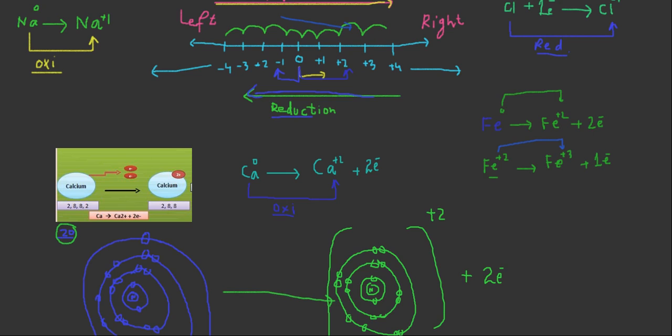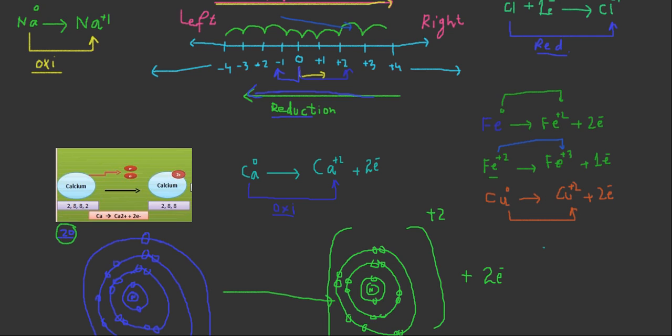Similarly, if you have a copper atom having 0 state, after the loss of its electrons it would be converted into copper plus 2 charge. Now it is moving from 0 to plus 2. It is an increase in oxidation state. So this is also showing an oxidation reaction.